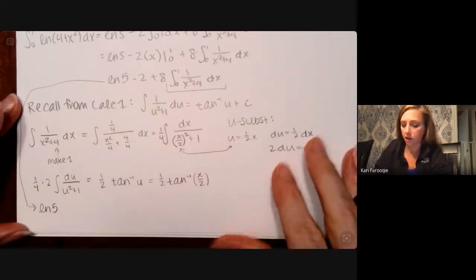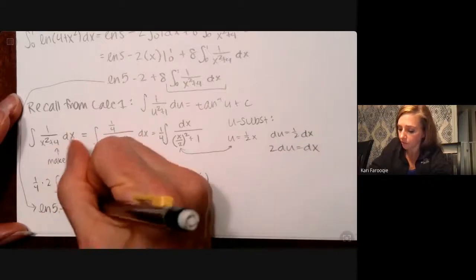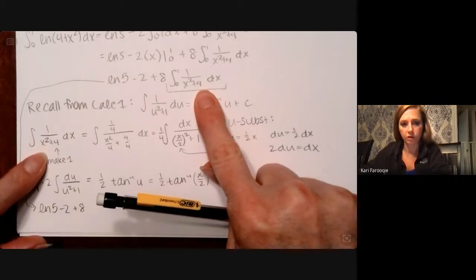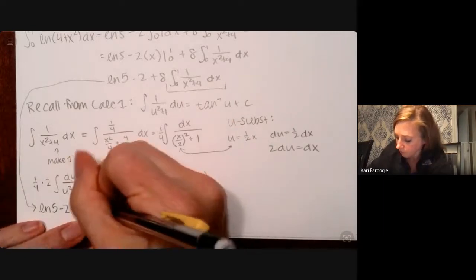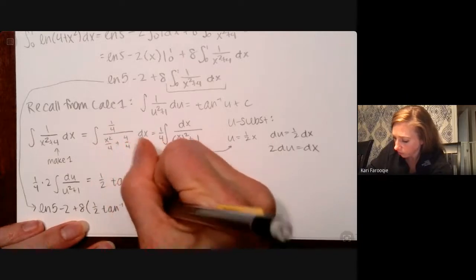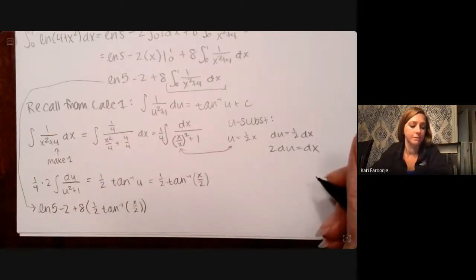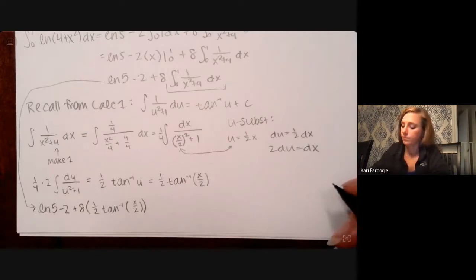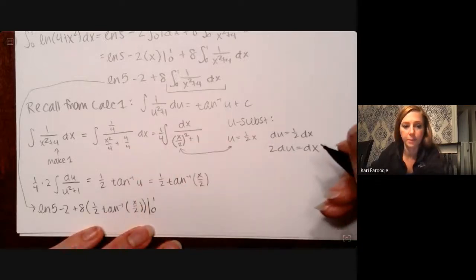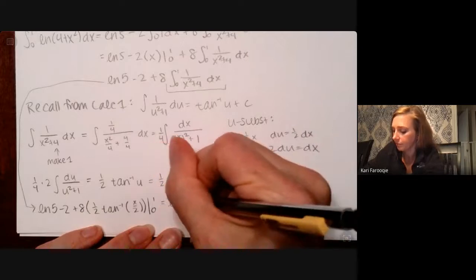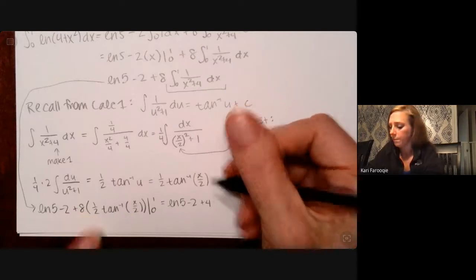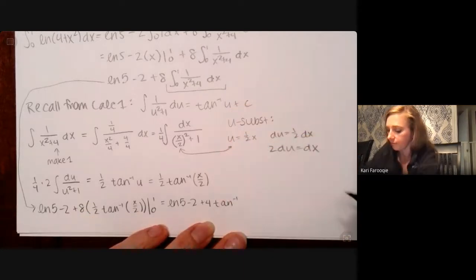So I have ln 5 minus 2 plus 8, and then this whole integral we found to be 1/2 inverse tangent x over 2. And then we'll go ahead and evaluate that from 0 to 1. ln 5 minus 2 plus 8 over 2 is 4. Inverse tangent 1/2.